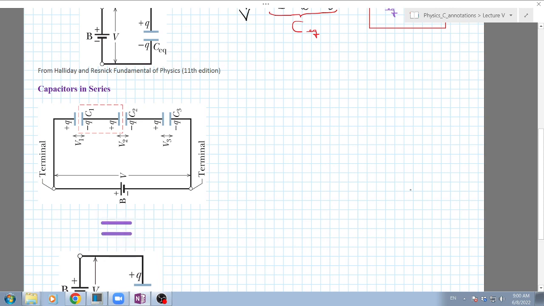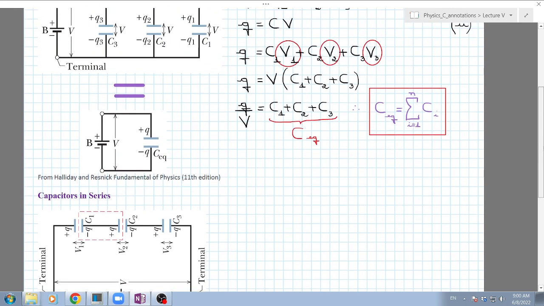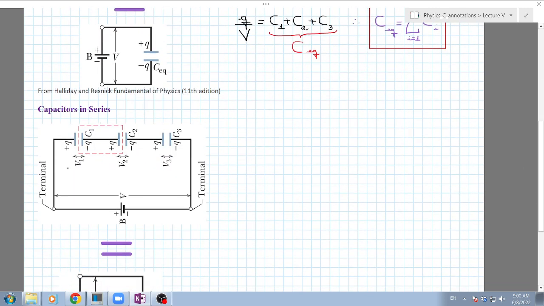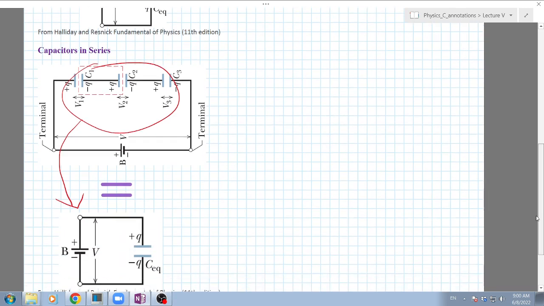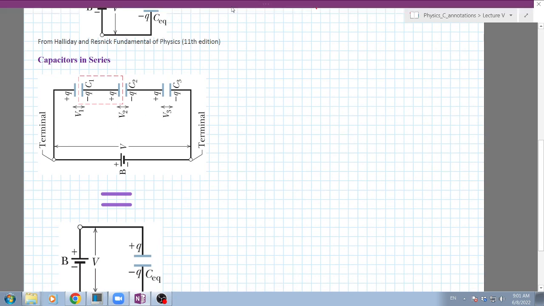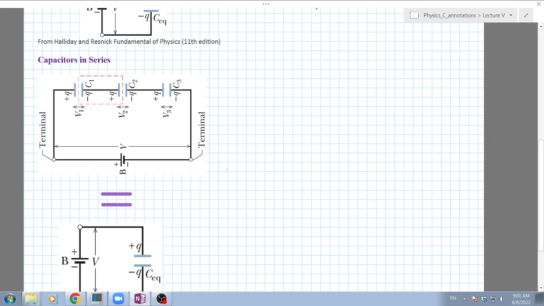Just as a reminder again, we are trying to simplify this circuit, which is a little bit more complicated, to this kind of circuit, and they are equivalent. This is a very powerful technique to find unknowns in a circuit. So let's go through how you do that.